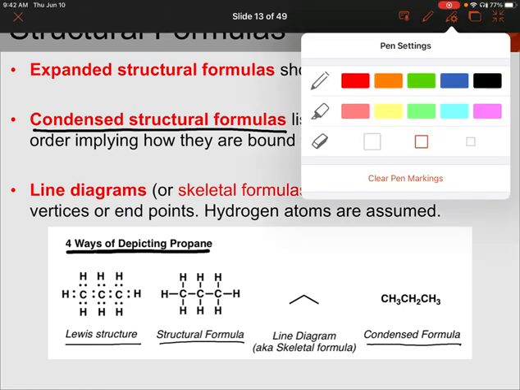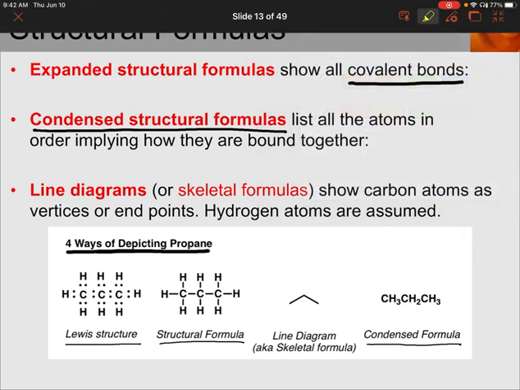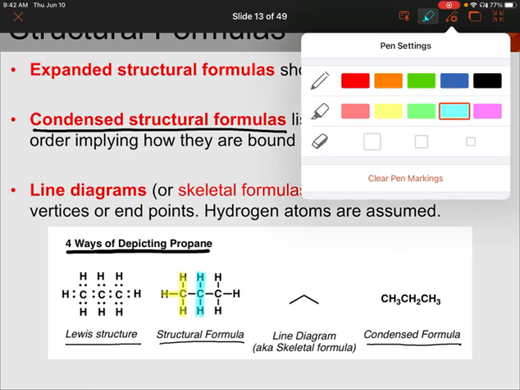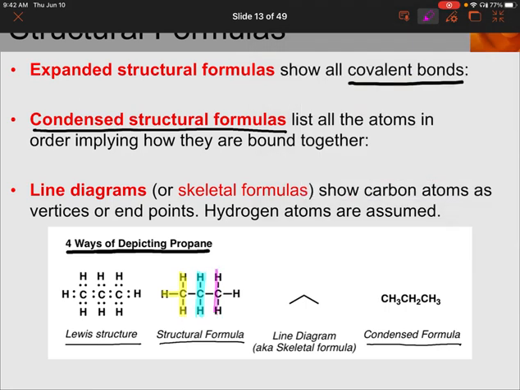So if we look at our original structure, we have CH3 on the left-hand side. Then we have CH2 in the middle, and then another CH3 group on the end.